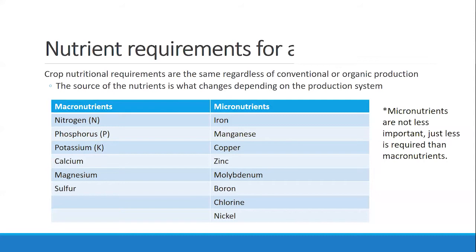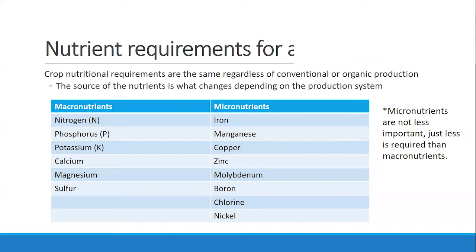Calcium, magnesium, sulfur, the other macronutrients. And then we also have this list of micronutrients. And it's important to remember that the micronutrients are not less important. They are just required in a smaller concentration compared to macronutrients. Sometimes considerably smaller, but very important.